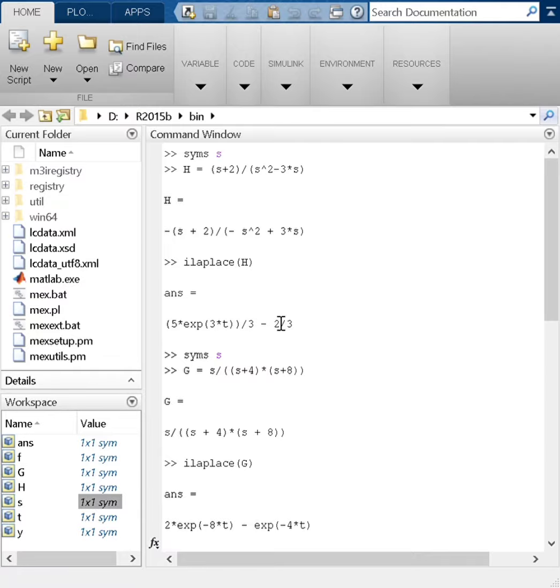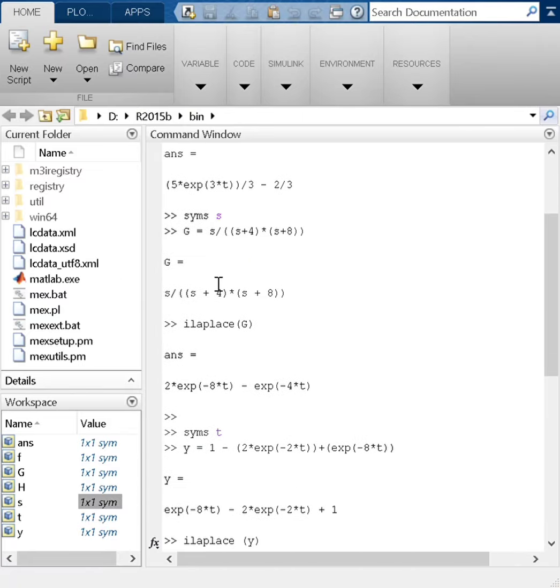Okay, for the second question, we do the same as the first question. We declare the s, and then we copy the equation like G equal to s over s plus 4 multiplied by s times 8, s plus 8, and then we hit enter.